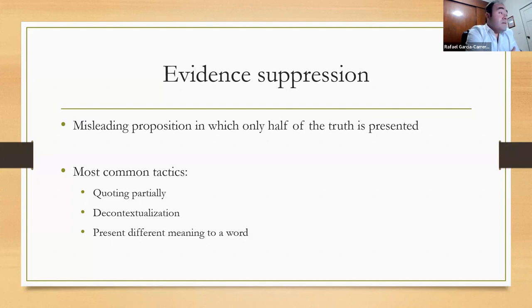The most common tactics are quoting partially, removing the context of what you are presenting, or trying to present a different meaning to a word. I would like to give you an example of one of the issues I had last year with the Jessup problem.